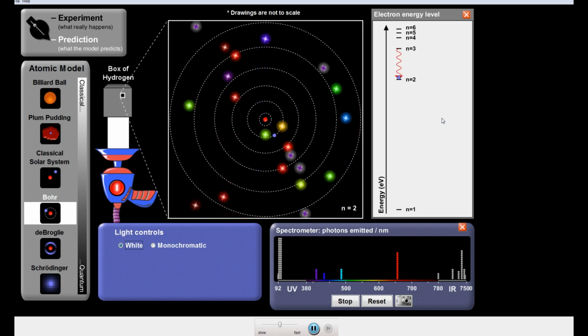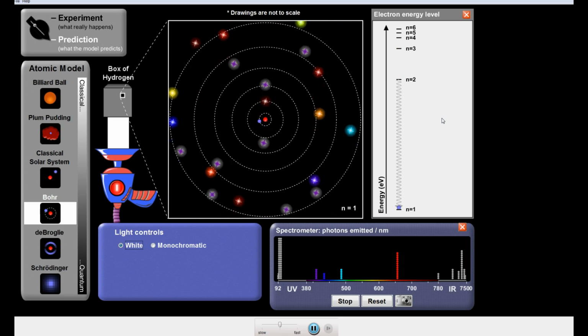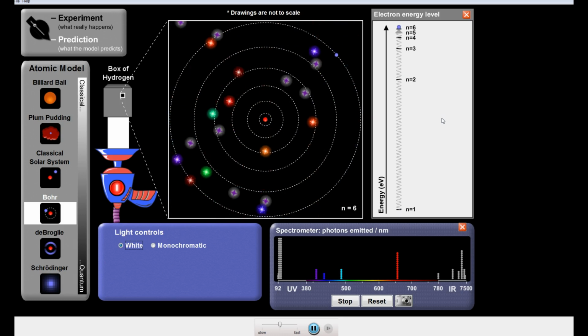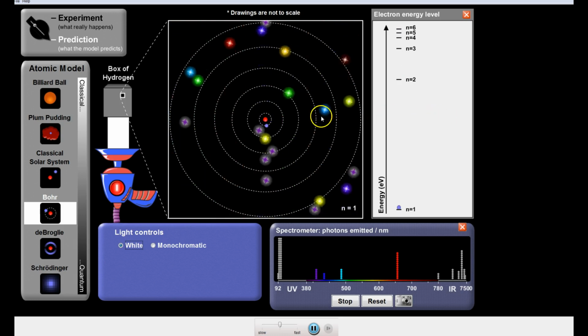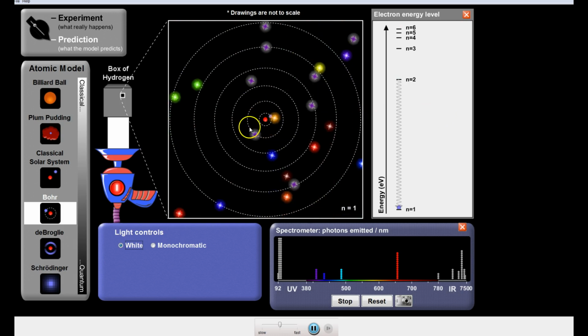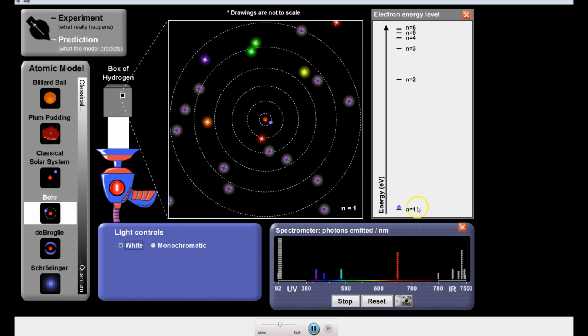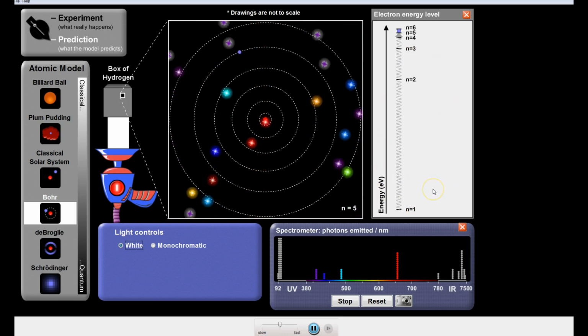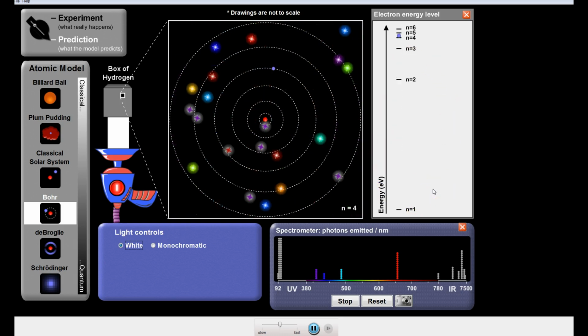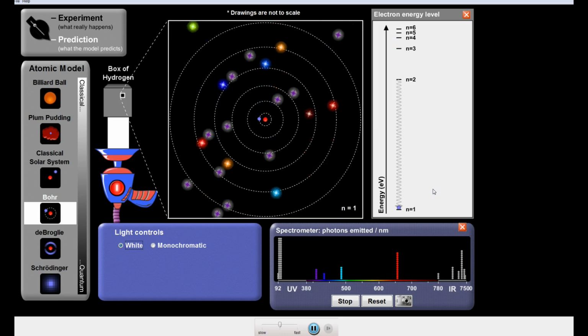So I'm going to just stop talking for a while and let you observe the electron as it jumps over here in the picture, the model of the Bohr atom, and then over here in the electron energy level diagram. Just two ways of displaying the same thing.